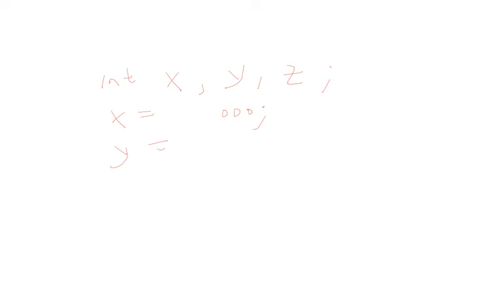So x is 10,000, and y is 20,000, and then you try to say z is equal to x times y, you're going to run into a problem, right?